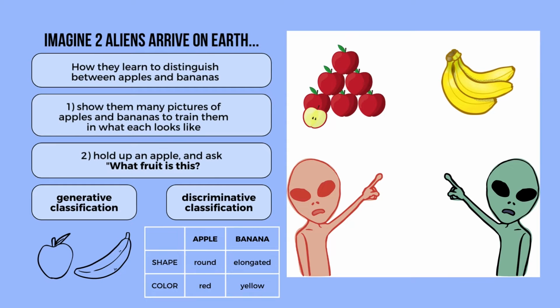Alright, let's dive into our story. Let's imagine we have two alien visitors who have never seen apples and bananas before. We want to observe how they learn to distinguish between these two fruits. The first alien decides to understand these fruits by drawing them.